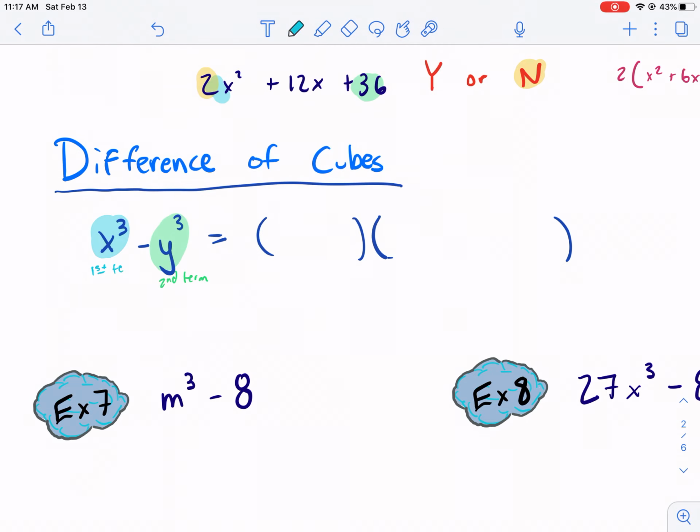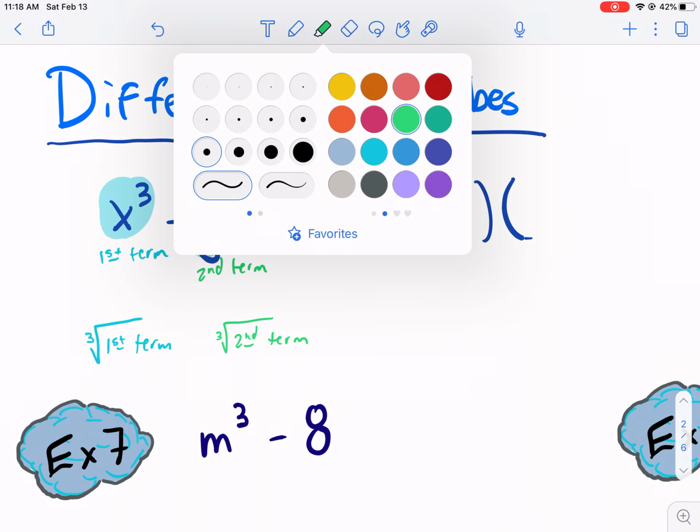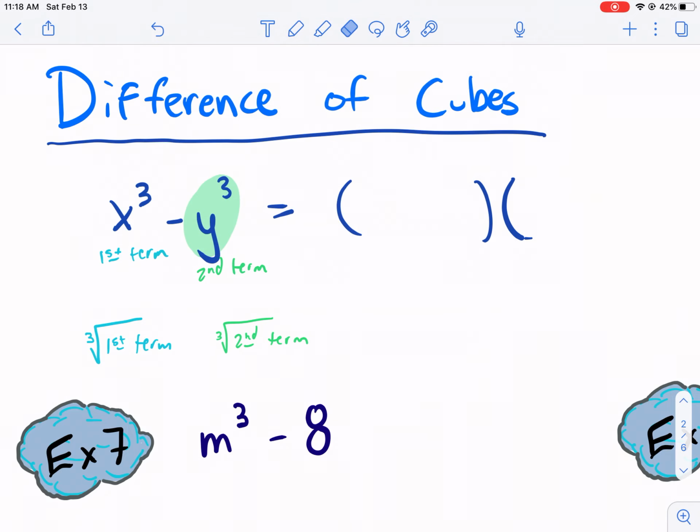Okay, so the next thing we have to do is take the cube root of the first term, and we have to take the cube root of the second term. Now, what are we going to do with that? Well, we're going to take that cube root, and that's going to be our building block that we're going to use.